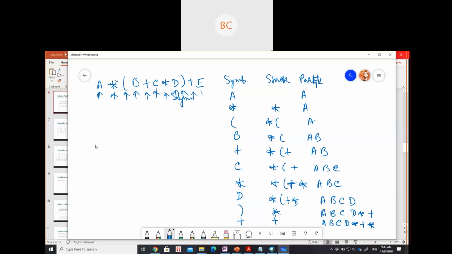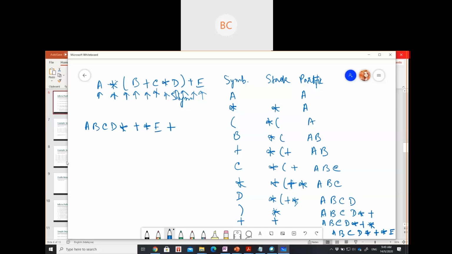So next is your E. So E, you will simply put this E in the postfix notation and finally you will pop out this plus symbol. So what's your final postfix notation? A, B, C, D, star, plus, star, E, and plus.